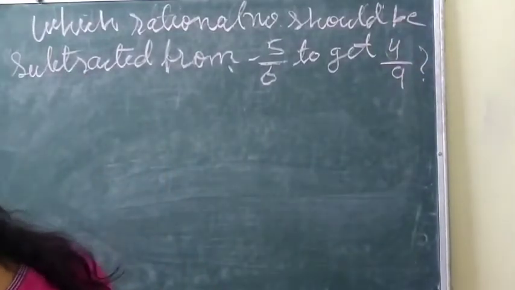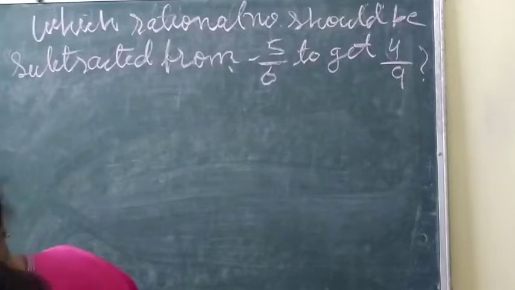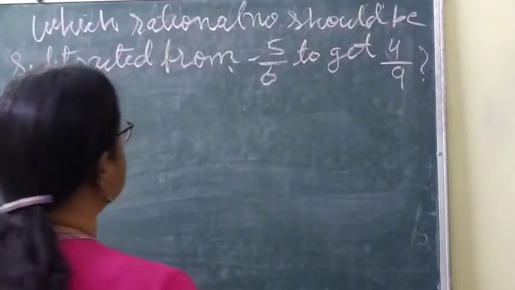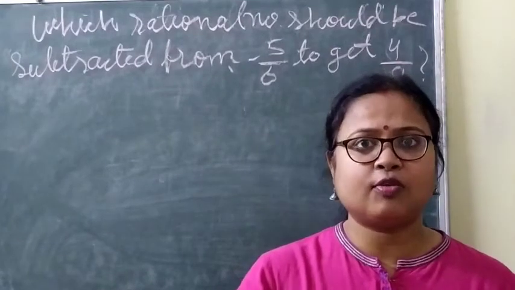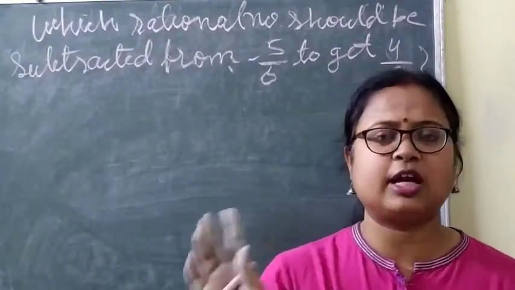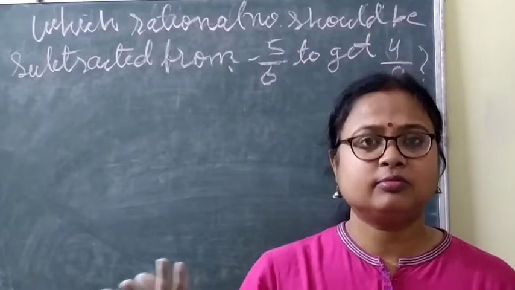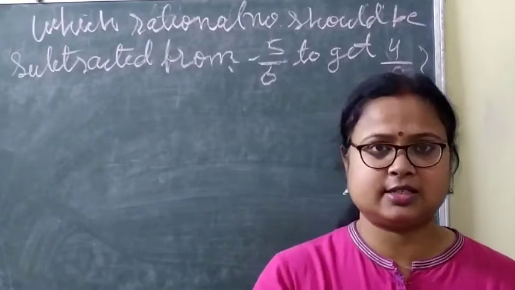Okay? Which rational number should be subtracted from? From means what? That part you have to write first. And which rational number? Don't know. Let it be x. Okay?